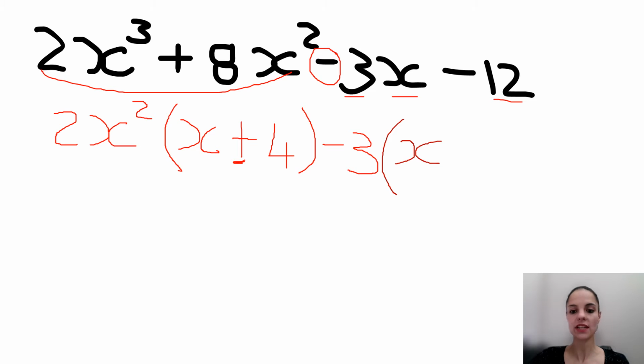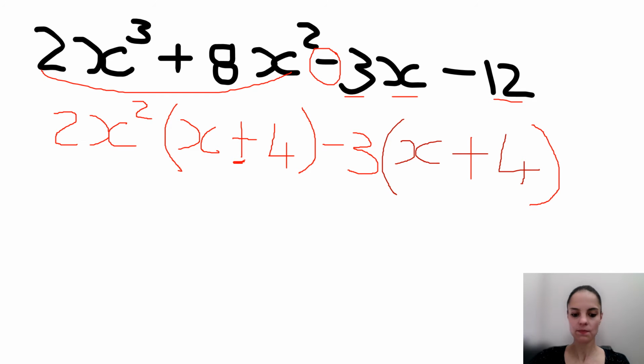And negative 3 times x gives you negative 3x. So that is true. Now, you can't put a negative. Why? Because negative 3 times negative 4 would give you positive 12. So remember, if you take out a negative, you always have to put a positive in the bracket. So it would be a positive. And we close our bracket.